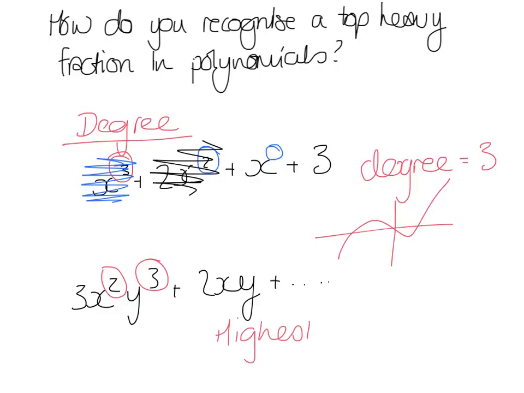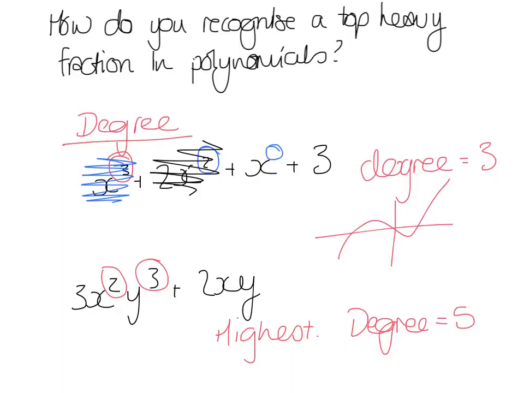So you always want the highest one. So you sometimes have to go searching for it. Sometimes it's not easy. But in this case, you've got x and x, is 2, and y, which is 3. So your highest power is 5. So your degree in this case, presuming that your equation stops there, obviously, and that you haven't got anything hidden, your degree is 5.